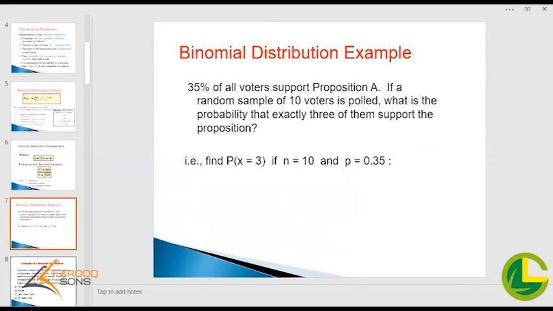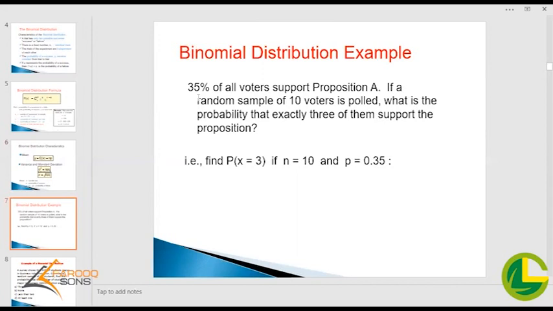Now, actually, this is a question. If you read the question, 35% of all voters support proposition A. If a random sample of 10, n is 10, p is 0.35, what is the probability that exactly 3 of them support proposition A?